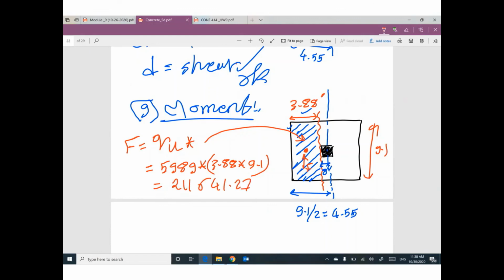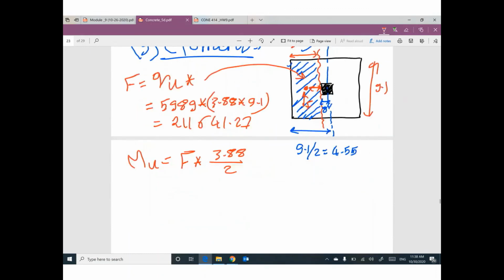M ultimate will be this force times this half distance, which is 3.88 divided by 2. It will be 410,584 pound-foot.